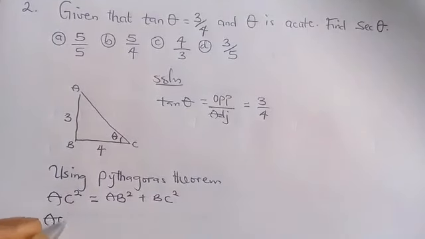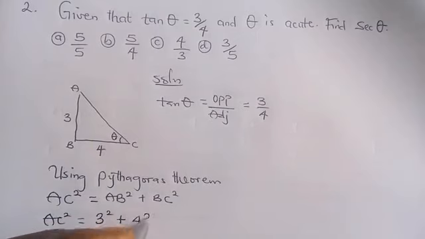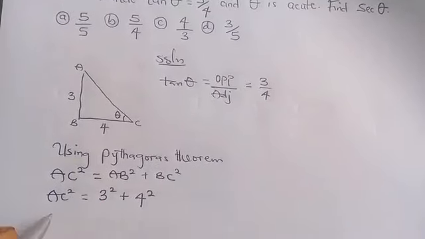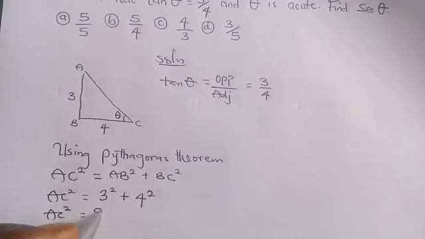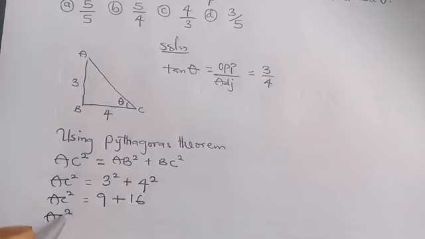AC square will be equal to AB here, which is this line, is 3. So we have 3 square plus BC square. That is BC is 4, so we'll raise it to the power of 2. AC square equals 3 square, we have 9, 4 square we have 16, implying that AC square is equal to 25.